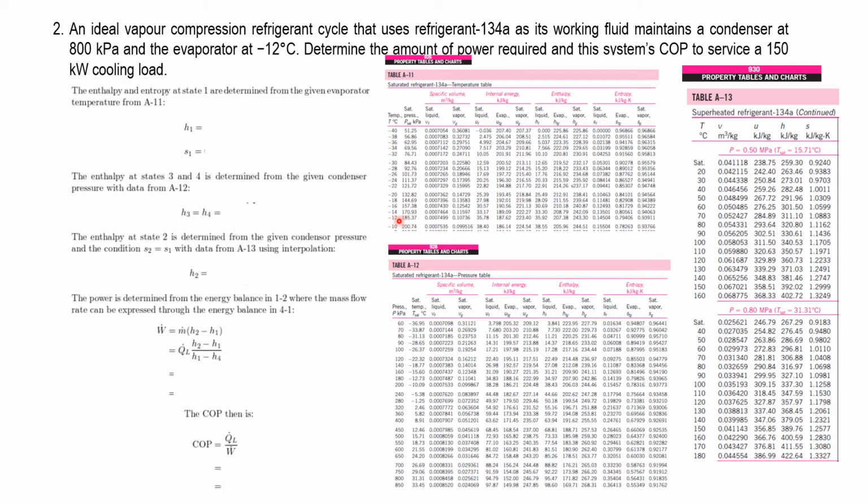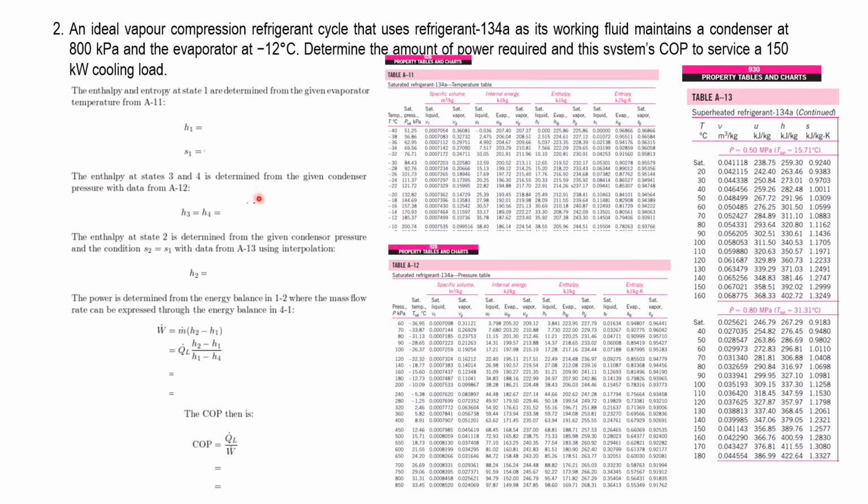So -12, this becomes your Hg, right? Similarly, you must also find your entropy. So -12, this becomes your Sg. Those two values are obtained from this table, right? Table A11.